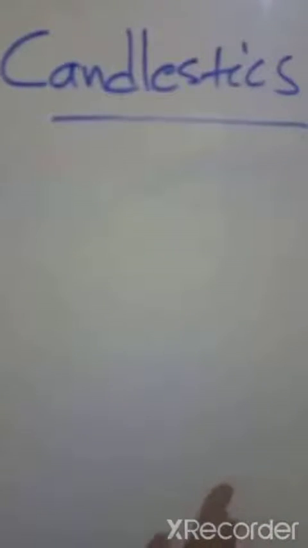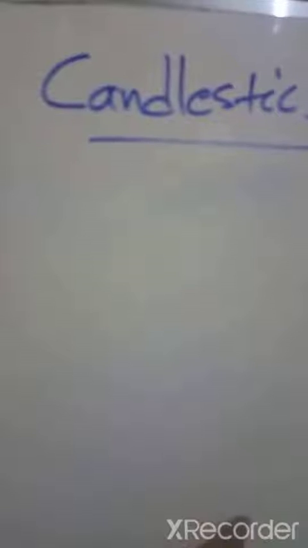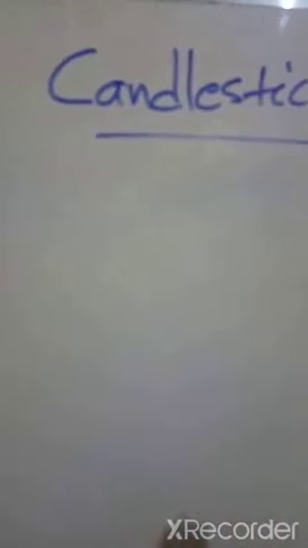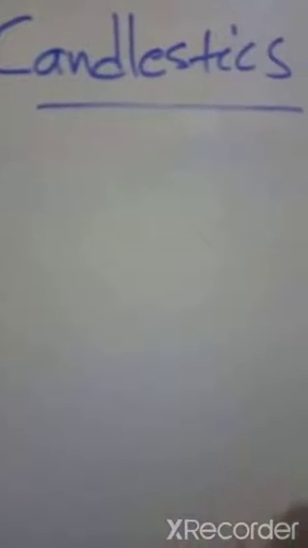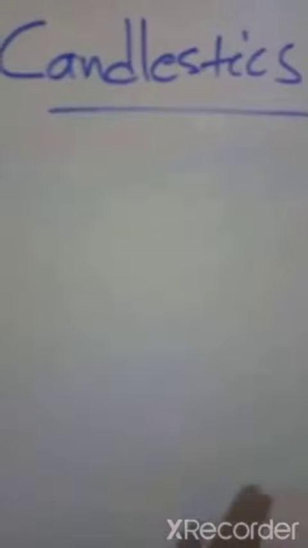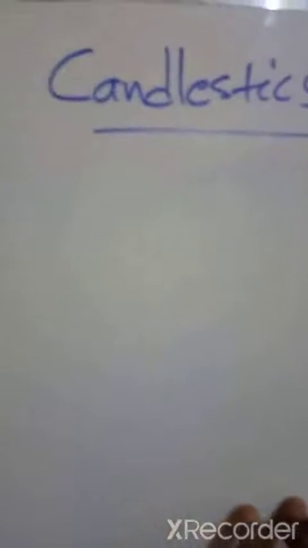Okay, so the first thing I will explain is what candlesticks are. Remember, on the trading platform, there are three types of chart: the line chart, the bar chart, and the candlesticks. And we are going to focus on the candlesticks. Why?